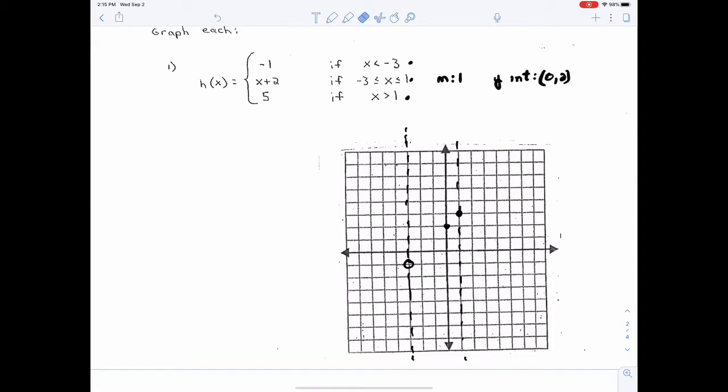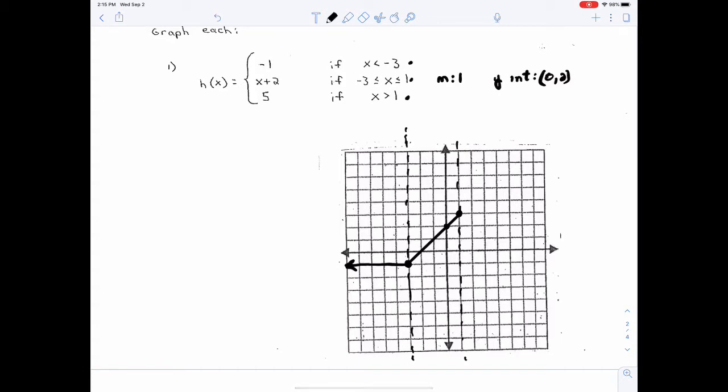When I drew this first one, which I'll draw in again, notice what happened is that graph ends at that point, ends at a y value of -1. So normally I'd put a circle there because its x is less than -3, not less than or equal to, but I've got a point there already. So all I have to do is draw a horizontal line, okay?